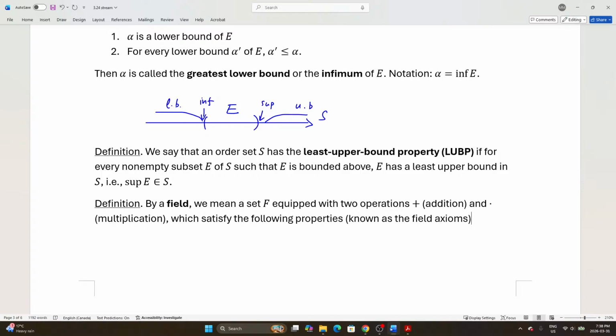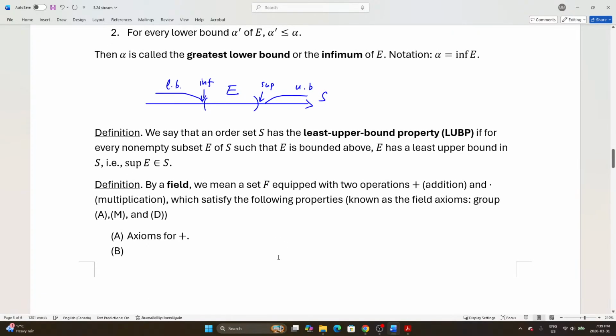So the field axioms, we're going to group them into A, M, and D. All right, so first we have A, axioms for addition, or axioms for plus.